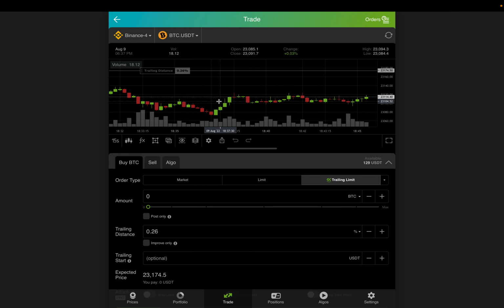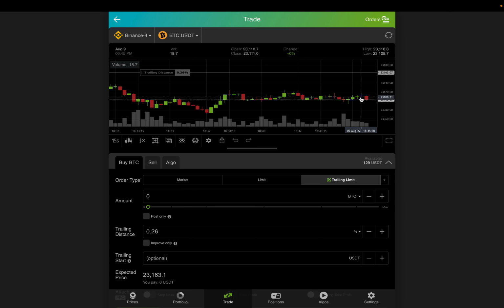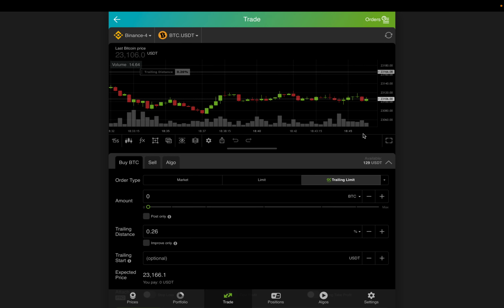So this pair is liquid, and here, if you hit a market order, you are virtually guaranteed that your order will execute very close to the last observed market price, unless you're trading in a period of high volatility, something that happens in crypto once every couple of months. That's when you generally don't want to trade with market orders.